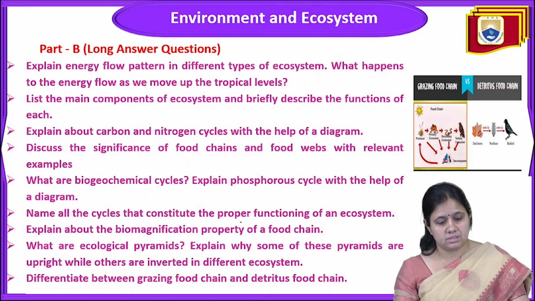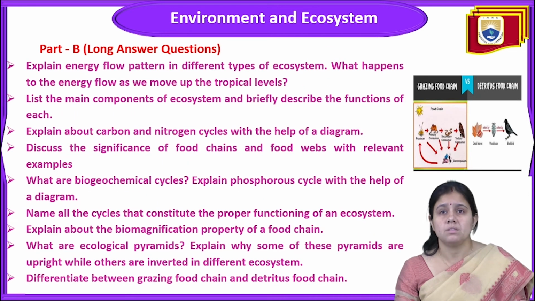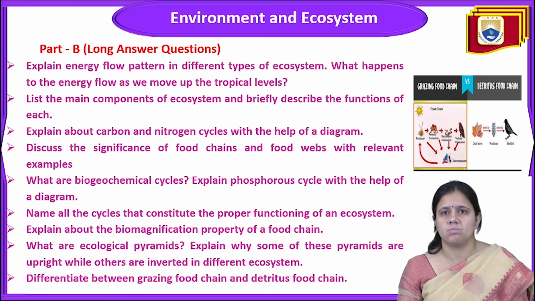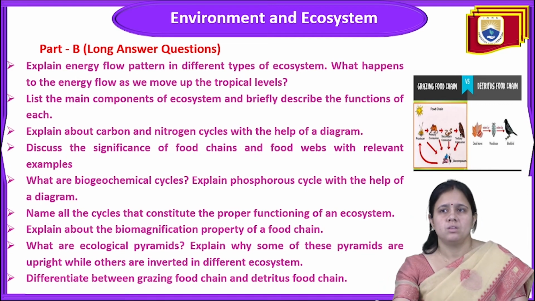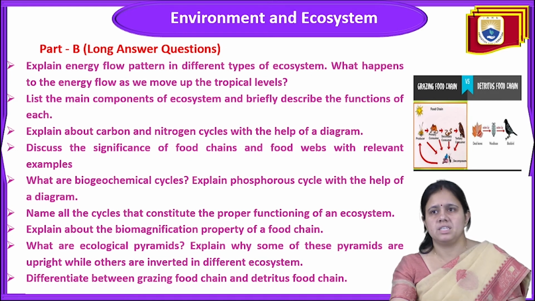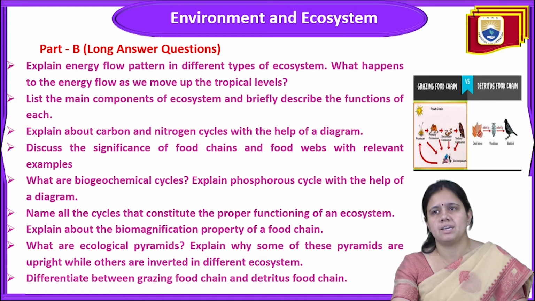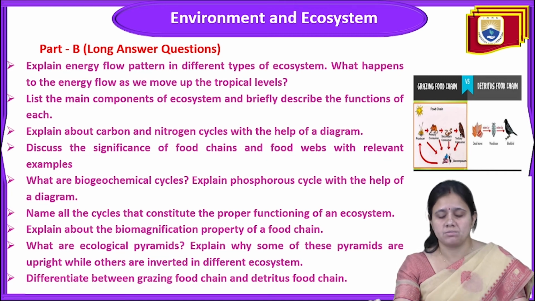Now comes the next part, Part B, which has the long answer questions. Explain the energy flow pattern in different types of ecosystems. What happens to the energy flow as we move up the trophic levels? The flow of energy in an ecosystem can be described like the energy flow pattern in a pyramid, as we have already discussed.